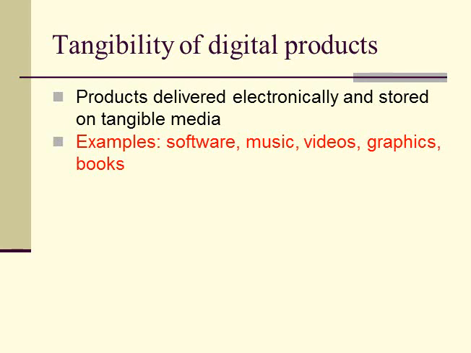The most common digital products today are software, music, videos, graphics, and books. What all of these have in common is they can be delivered electronically and stored on tangible media, and they can also be delivered physically on tangible media.